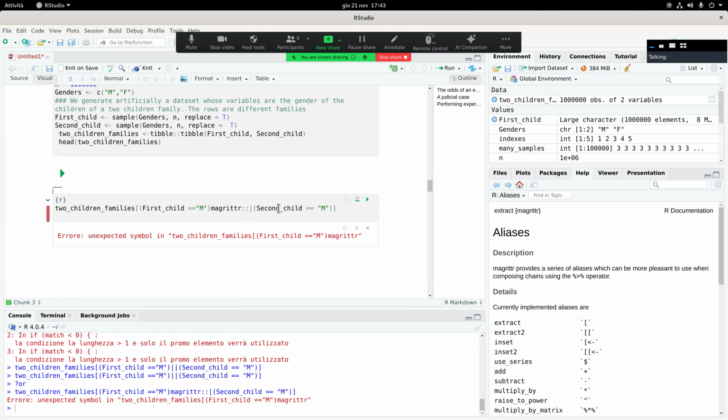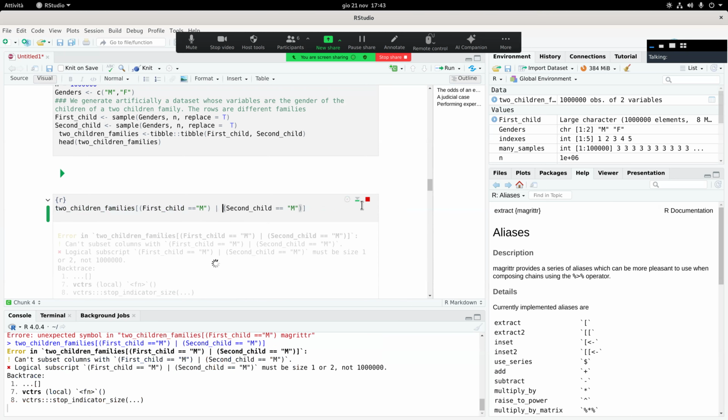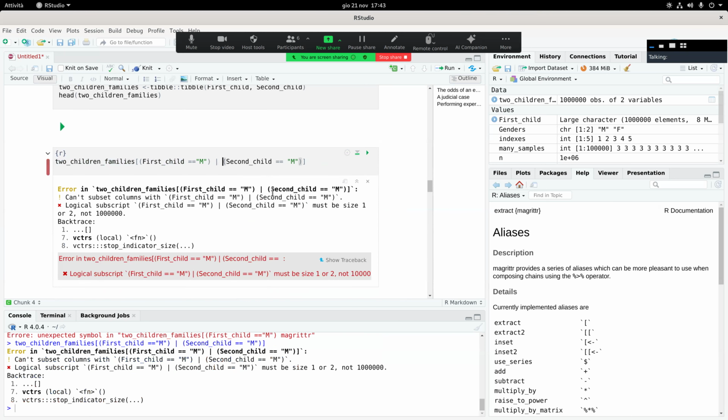No, sorry. I'm doing a stupid mistake. This notation is correct.